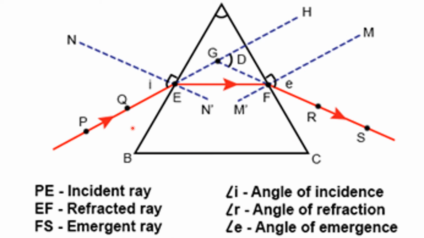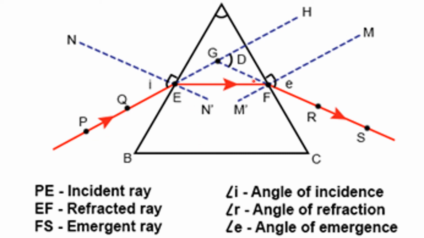Let's suppose we have incident ray PE, which makes an angle of incidence I at point E and is refracted towards the normal. As you can see, this incident ray is entering from air to a denser medium, which is a glass prism.